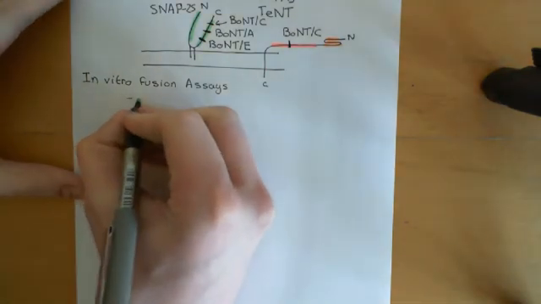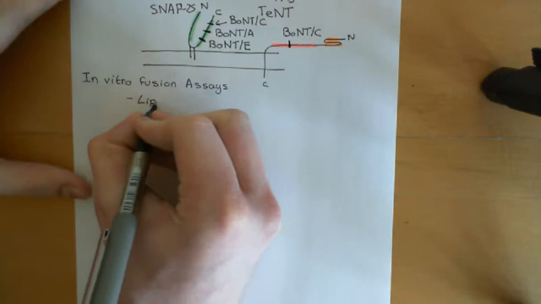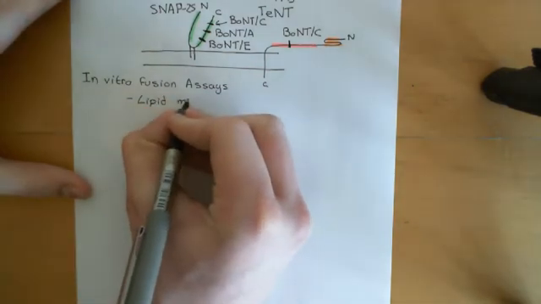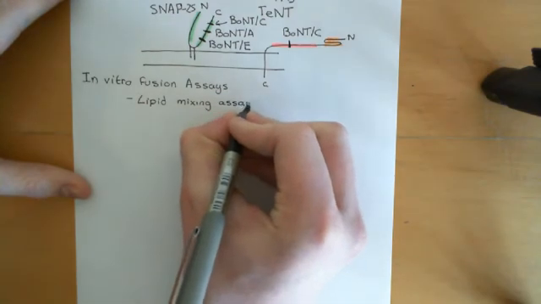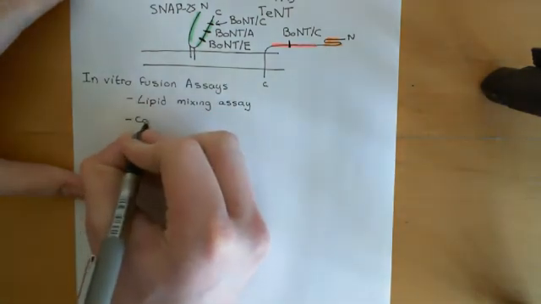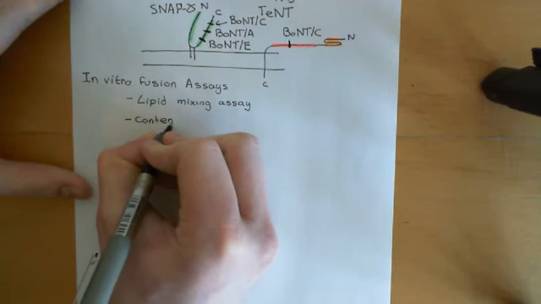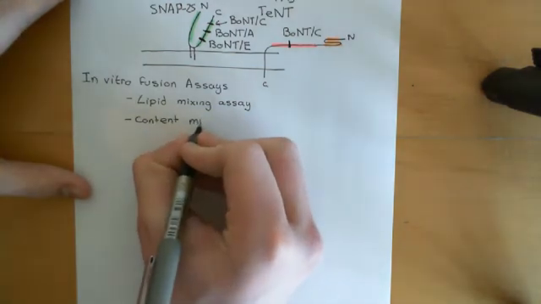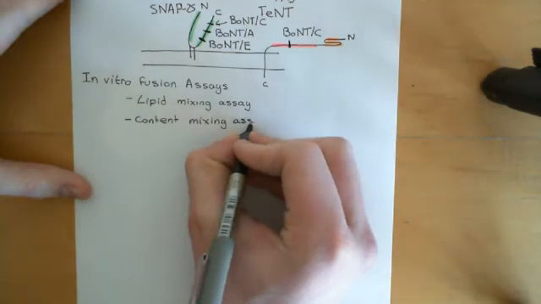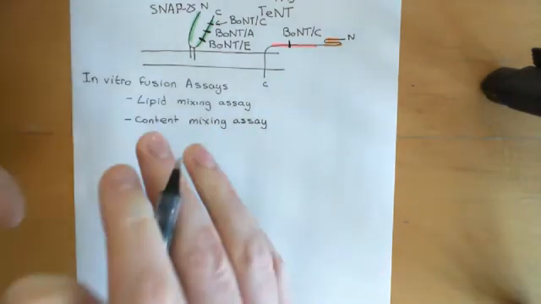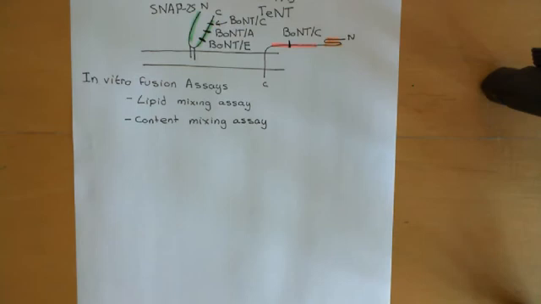So the two different in vitro fusion assays are the lipid mixing assay, and then there's the content mixing assay. But as I say, the actual aim of what you're trying to achieve here is exactly the same. So let me describe what the aim of these actually is.